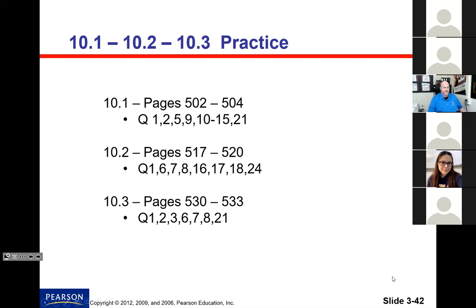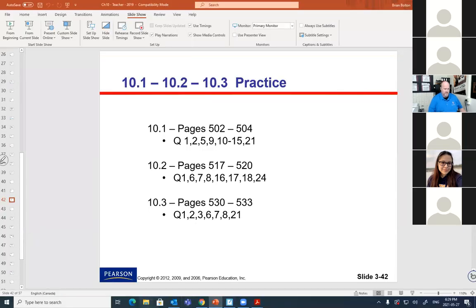Give me 1 sec here. What was the assignment? 7, 8, and 9, right? No. Hang on, let me find it here. I need to find the right one for you. Actually, do you have your textbook?